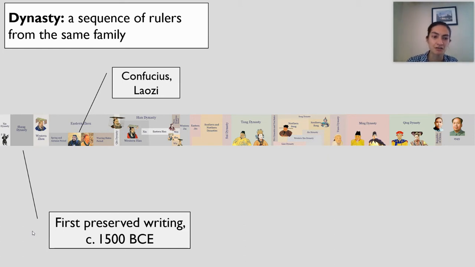Fast forward to the Qin dynasty, about 2,200 years ago, give or take, and you see the emergence of a third philosophy that I'm going to talk about today, which is legalism. The Qin dynasty is frequently marked as the beginning of China in its modern incarnation, but we will see China be dissolved and reformed, and its borders and political structures will change over the course of the next 2,400 years.